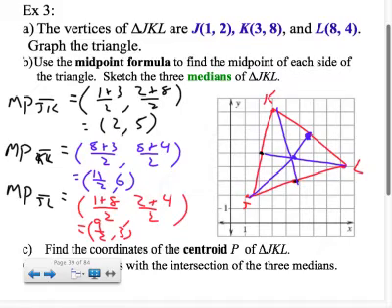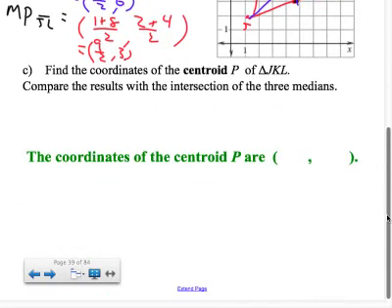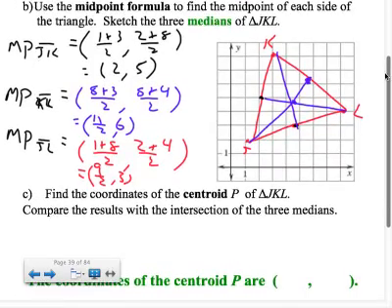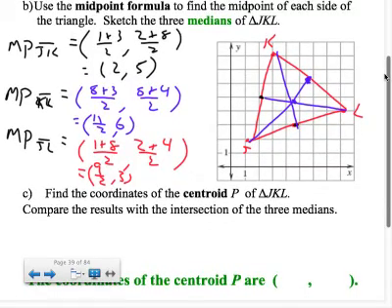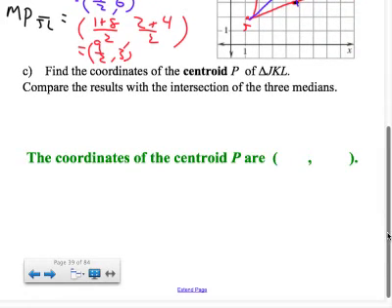The last part here, part C, says find the coordinates of the centroid. So again, all we have to do here is average the coordinates of the vertices. So the centroid has the coordinate, and again, it's just add up all your x's and divide by 3 now.